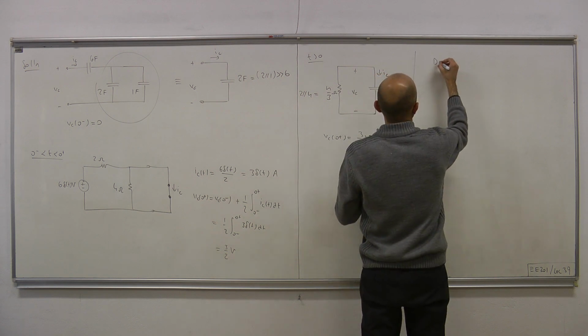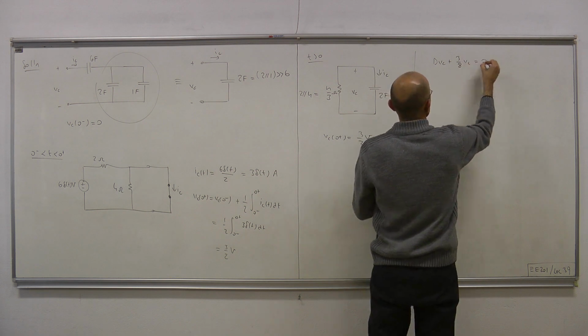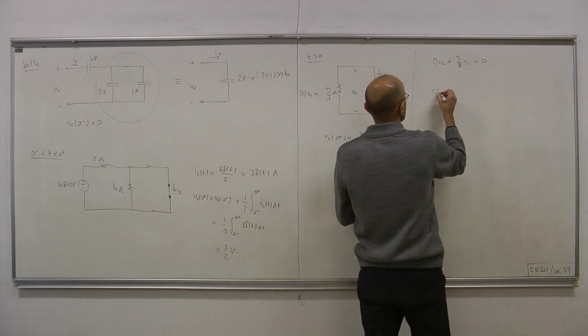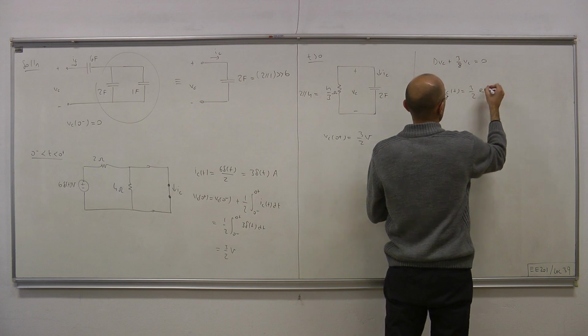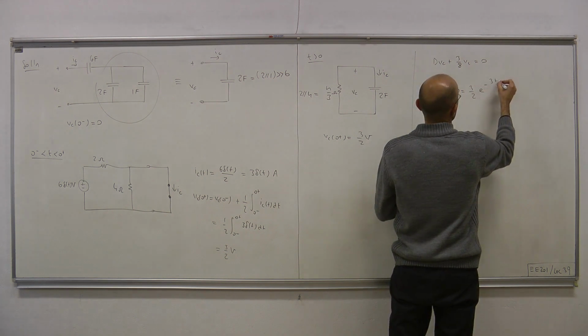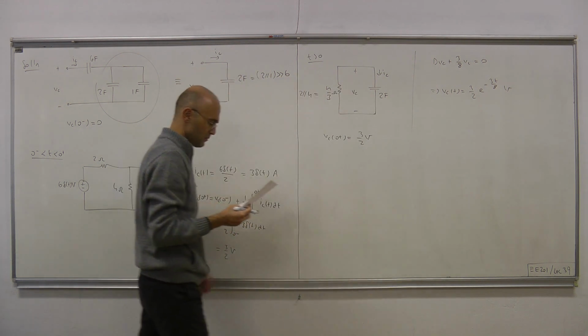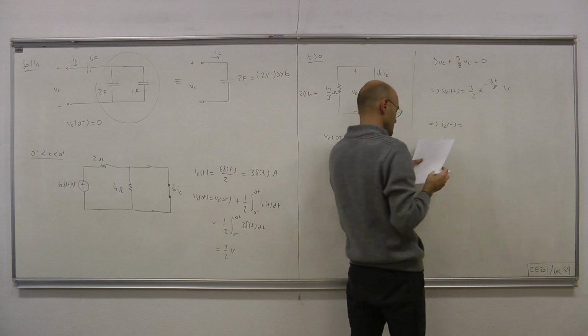So we have dVc plus 3 over 8 Vc equals 0. This is the homogeneous differential equation, which produces Vct equals the initial condition e to the minus 3t over 8 volts.